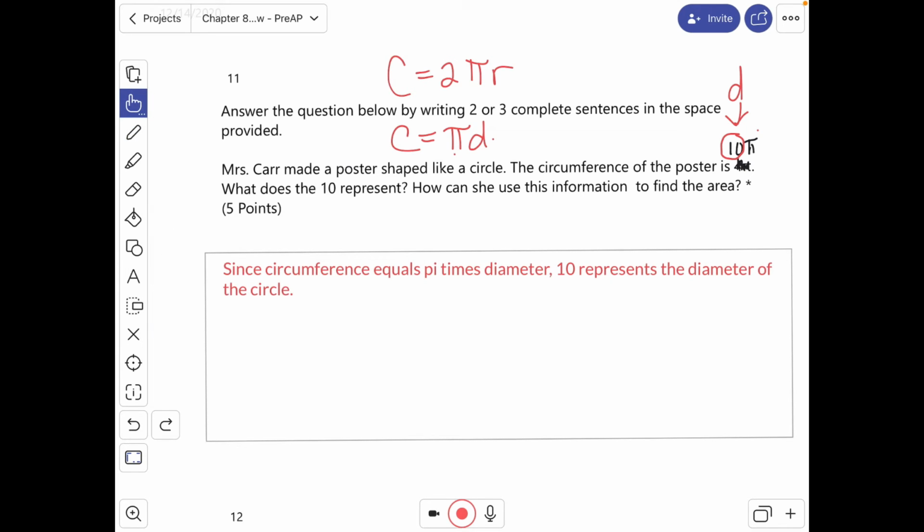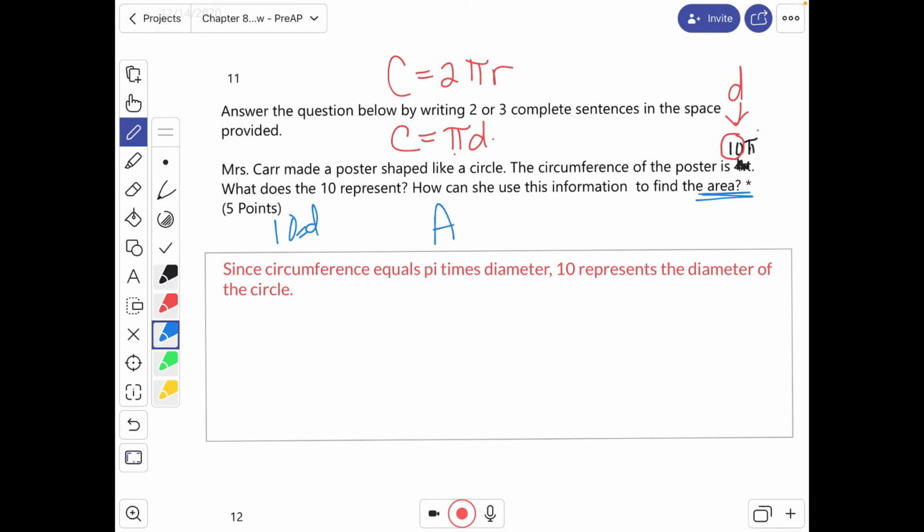So let's write about that. Since circumference equals pi times diameter, 10 represents the diameter. Then it asks, how can she use this to find the area? So if you know 10 is the diameter, the area of a circle is pi r squared.